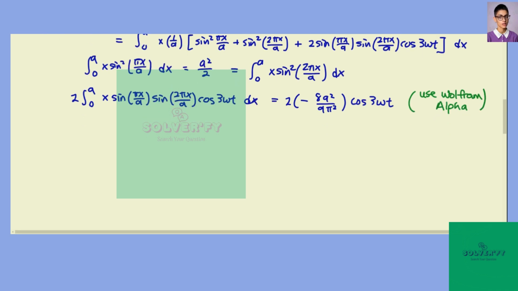Okay, and so then we just put everything together. So in the expectation value of x, you have 1 over a in front, and then we have a square over 2 plus a square over 2. No, I think this one is a square over 4.